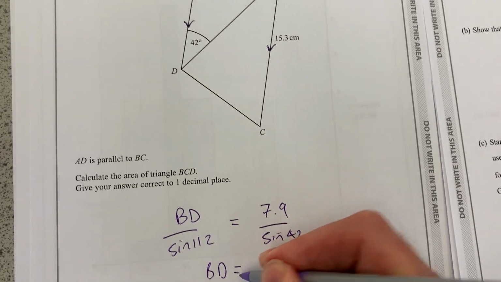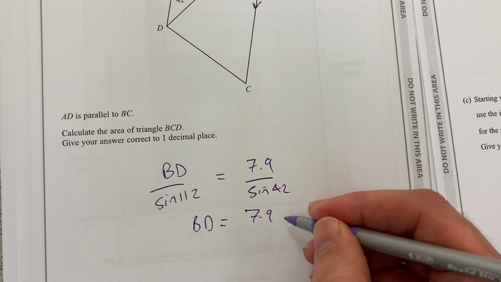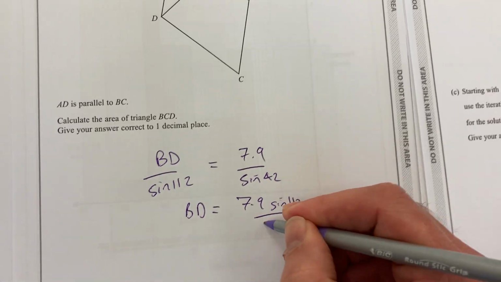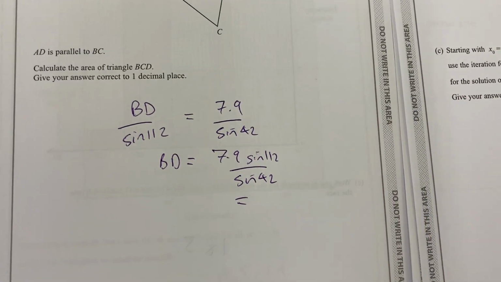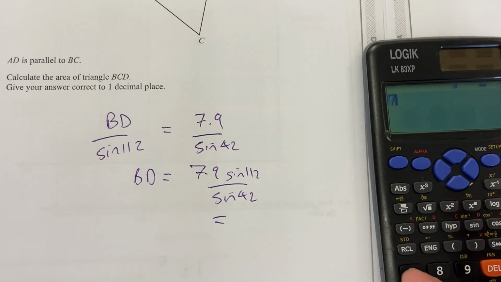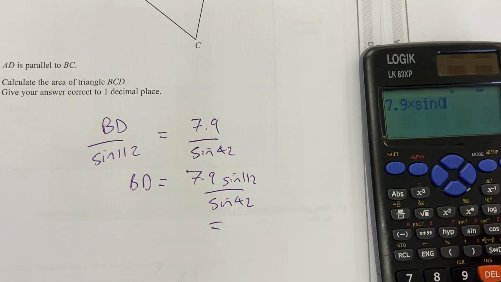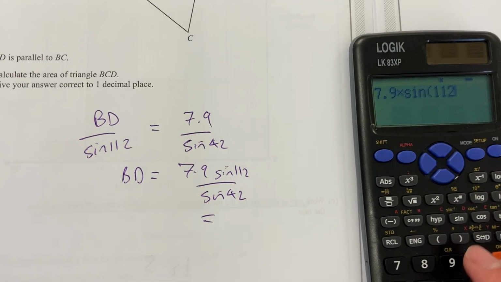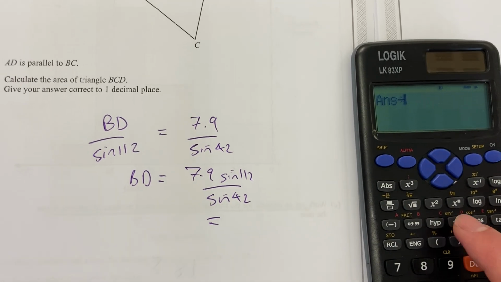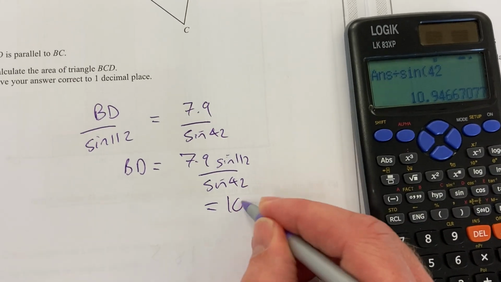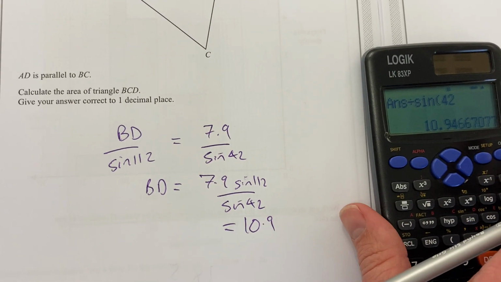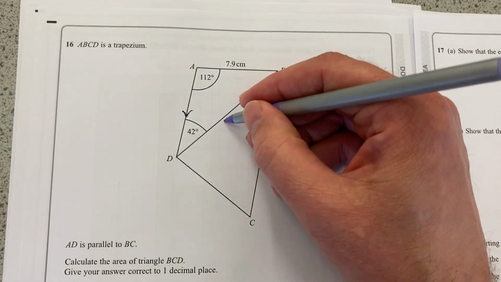So BD equals 7.9 sine 112 over sine 42. So I'm going to do 7.9 times sine 112, divide that by sine 42. And I get 10.9. Okay, so that'll give me 10.9 here.